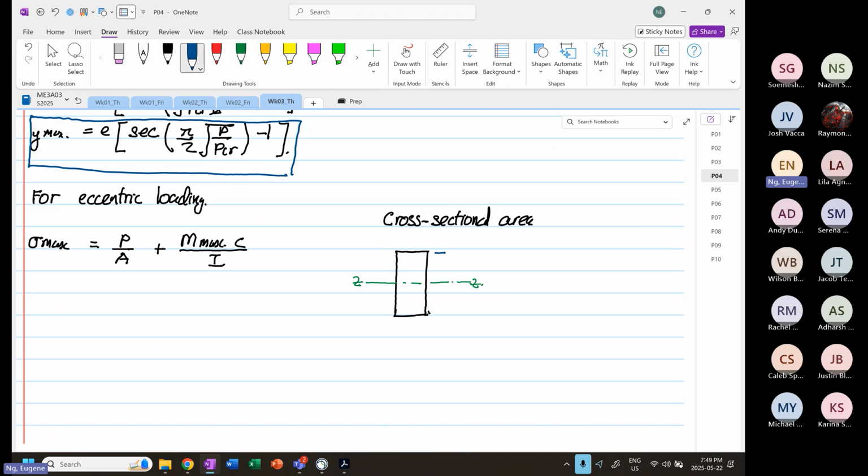When this is the case over here, this is your C. And if the moment is acting in this direction, moment about Z, this is the compression part, and this is the tensile part. C is always in the compression region.